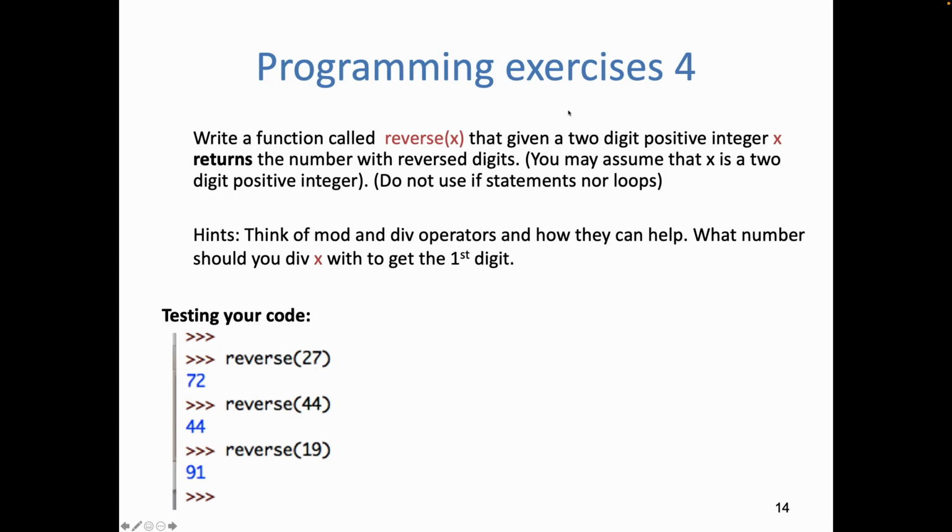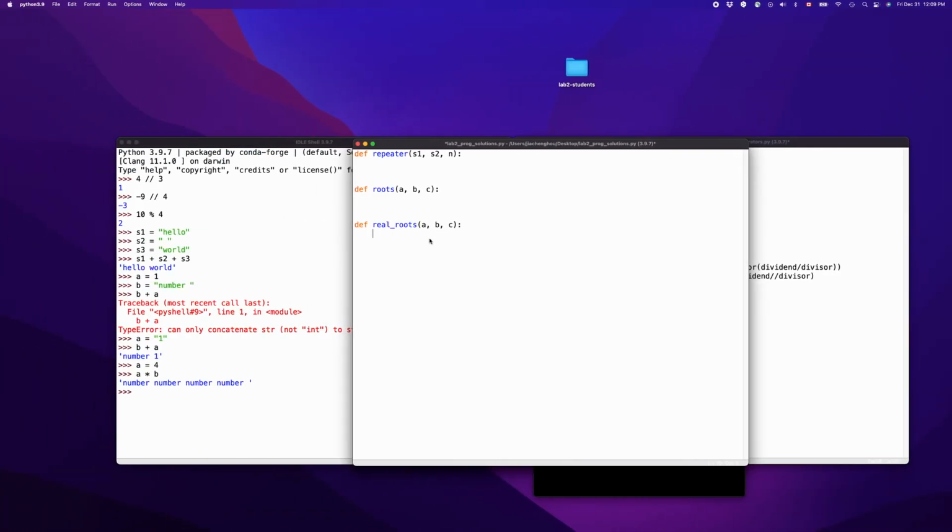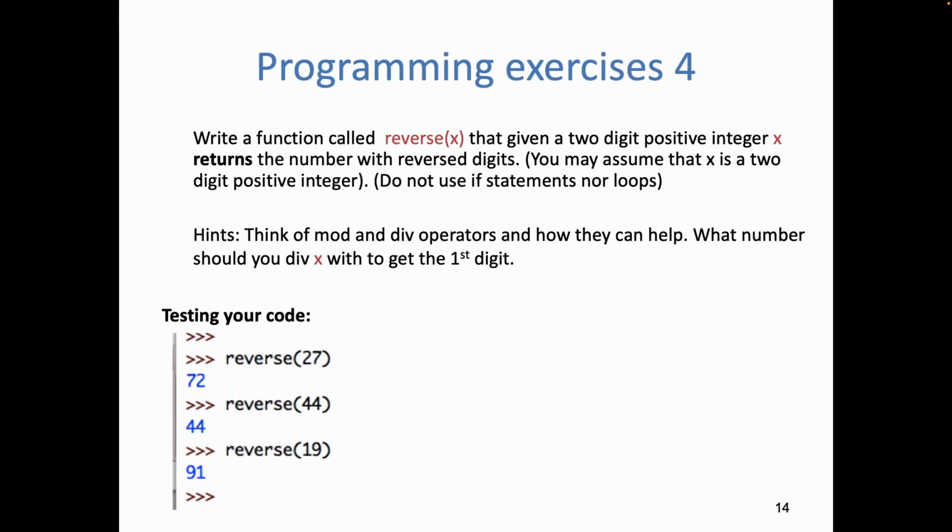The last exercise. Write a function called reverse x. And the last one should be reverse x. Given a two-digit positive integer x, it returns a number with reversed digits.